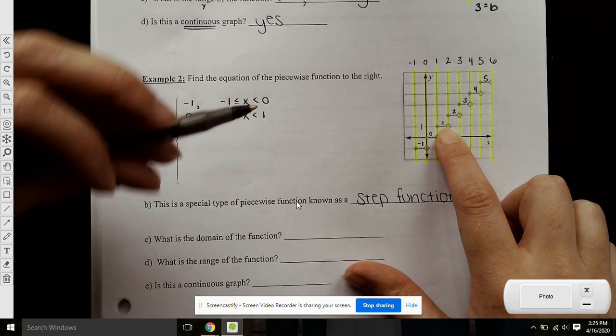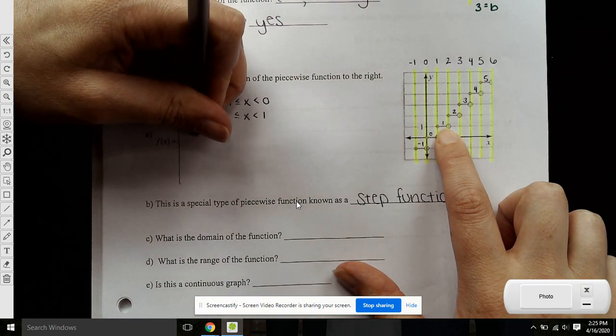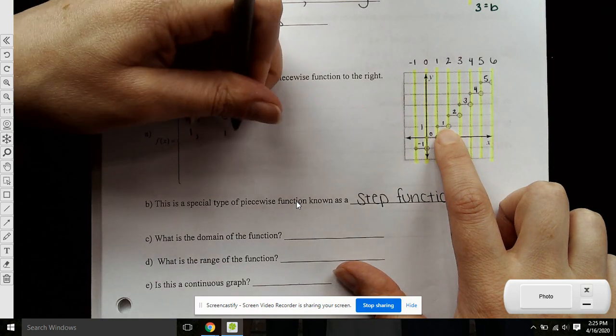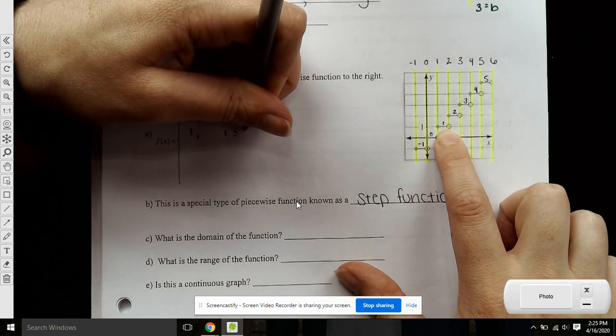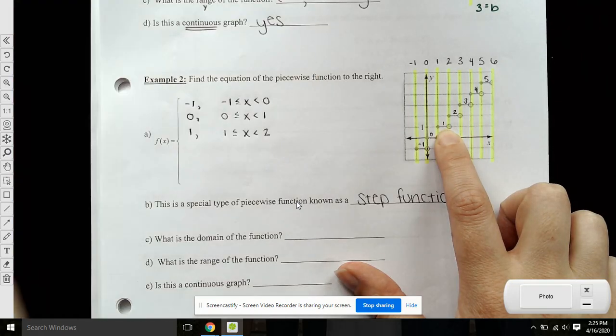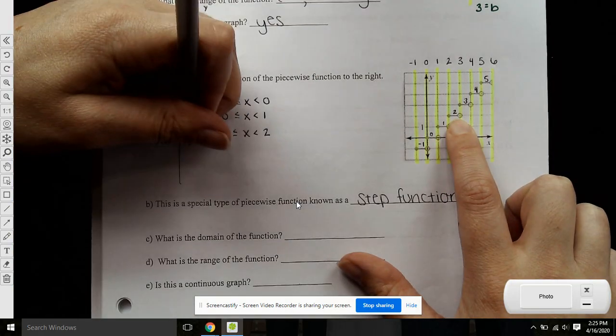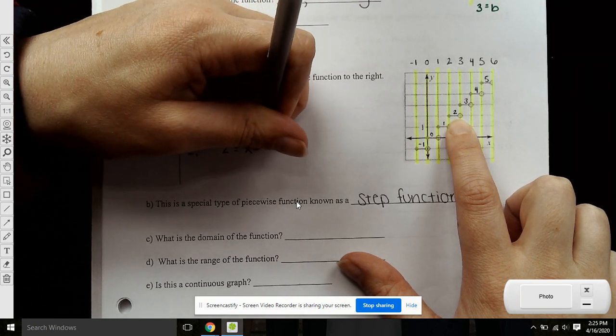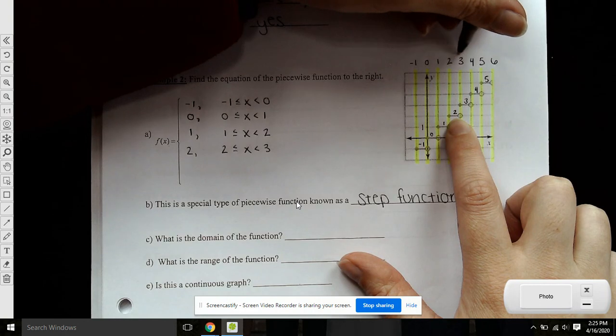So I have these two all set. So my next one is at 1. And that one goes from 1 to 2. So 1 is less than or equal to x, it's less than 2. My next one is at 2. So 2 is less than or equal to x is less than 3. And that one goes from 2 to 3.